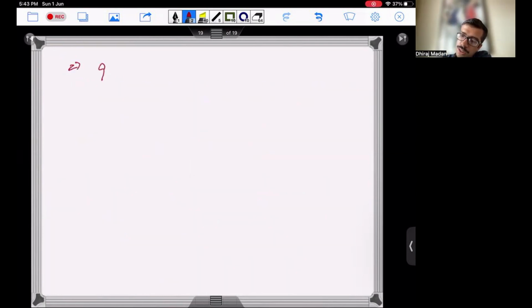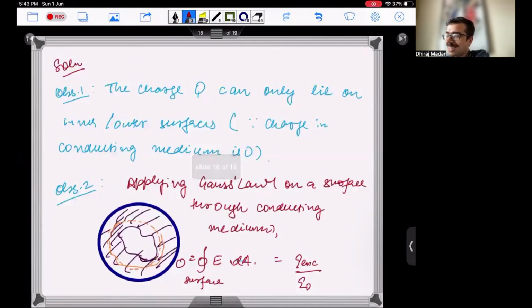This shows that the charge on the inner surface must be 0, which means that the charge on the outer surface must be capital Q, because the net charge on inner plus outer surface must be Q.